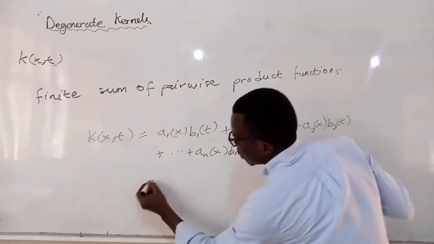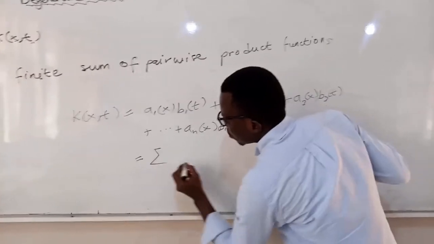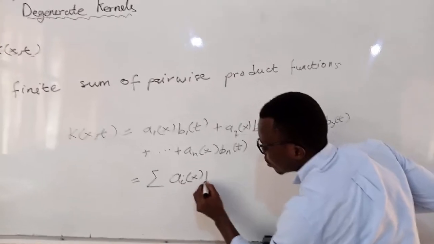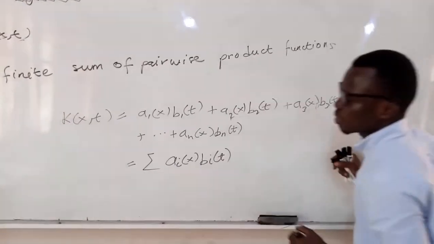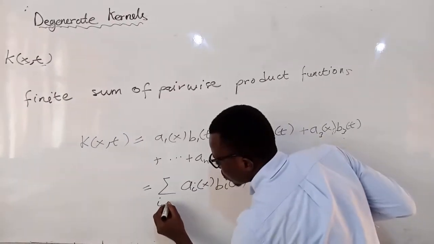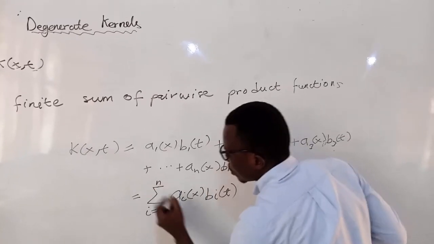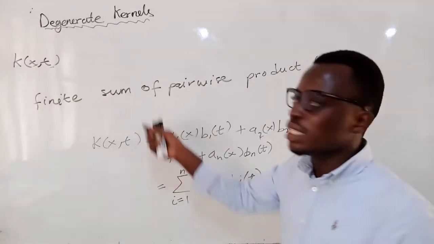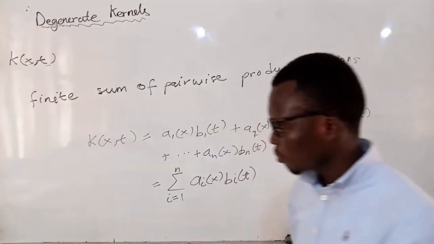So this is the same as the summation of Ai of S, Bi of T, where i is running from 1 to n. That makes it a finite sum. So this is the definition for degenerate kernels.